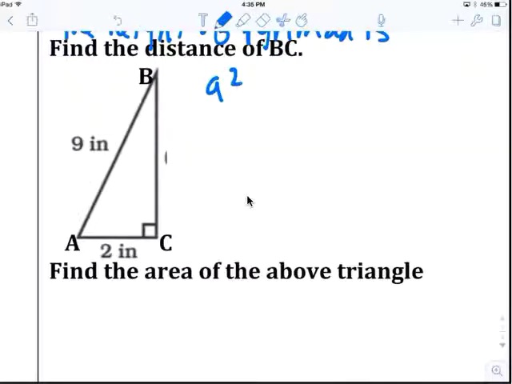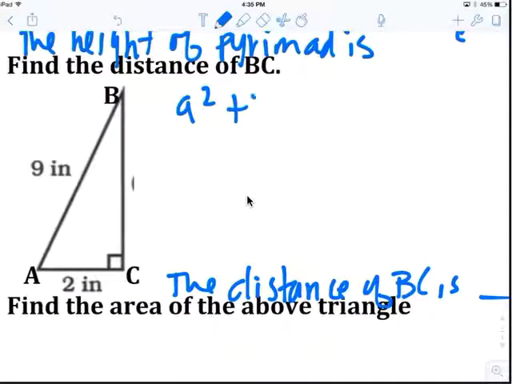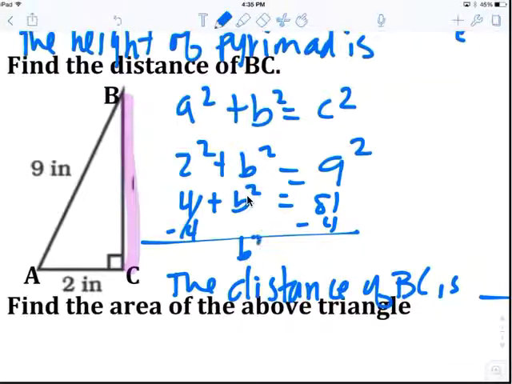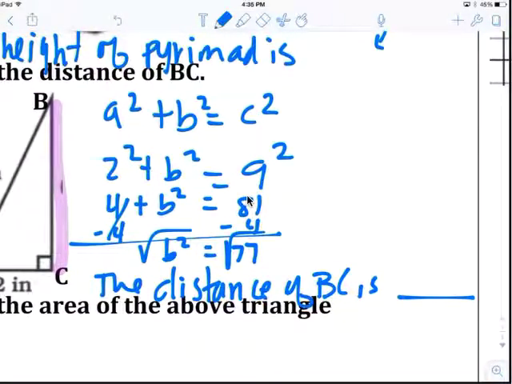A squared, the distance of BC is a squared plus b squared equals c squared, so missing is b, one of the legs, so 2 squared plus b squared equals 9 squared, 4 plus b squared equals 81, minus 4, b squared equals 77, take the square root, 8 point something.